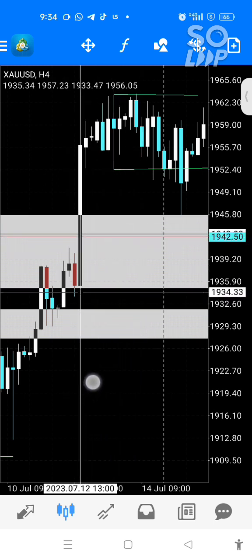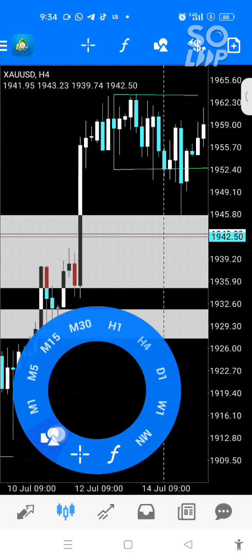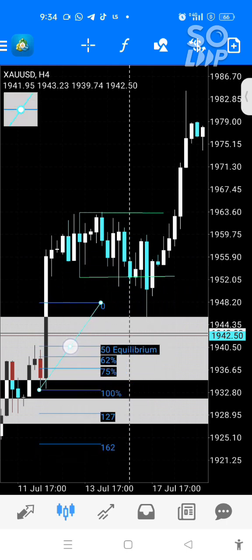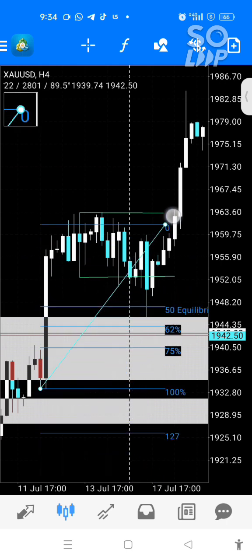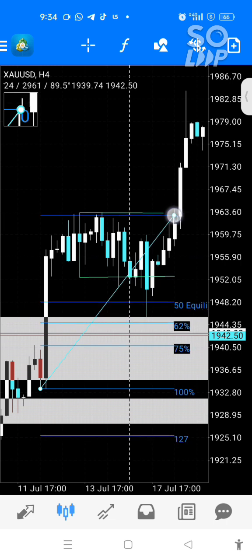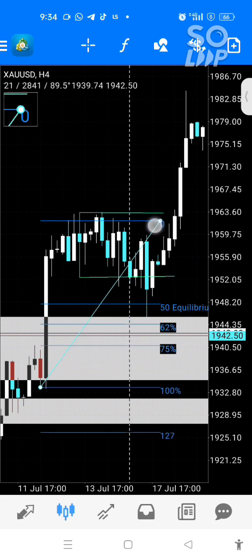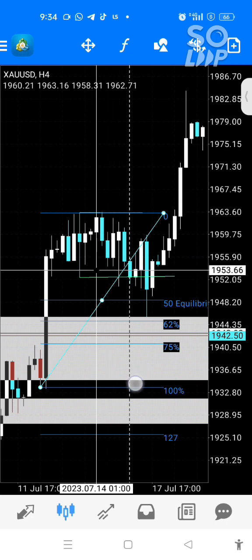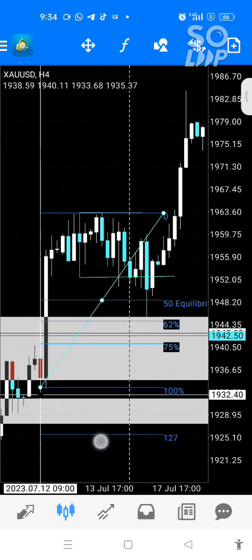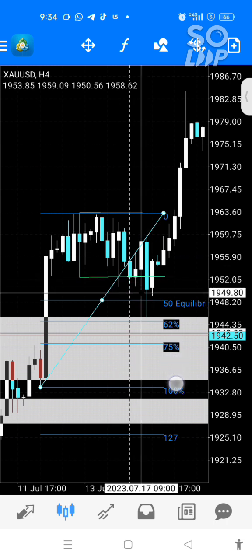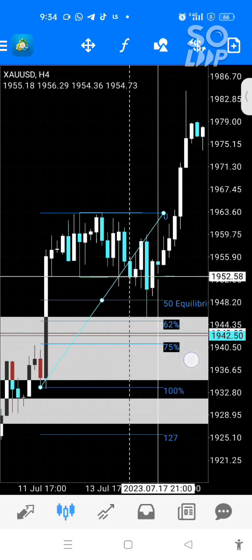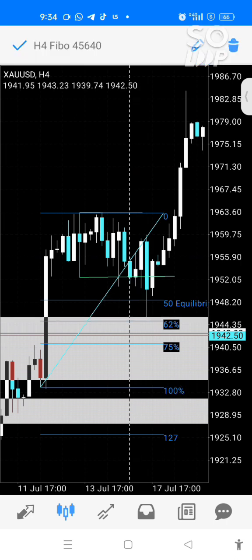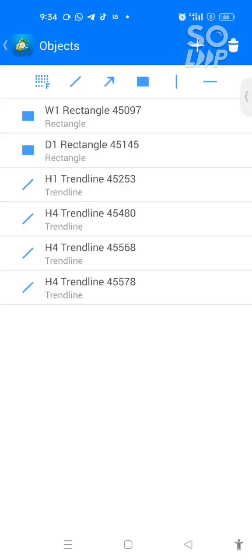Now look, from this low here to this high here, the market has taken out liquidity and traded into a high time frame PDRA below 50%, right?